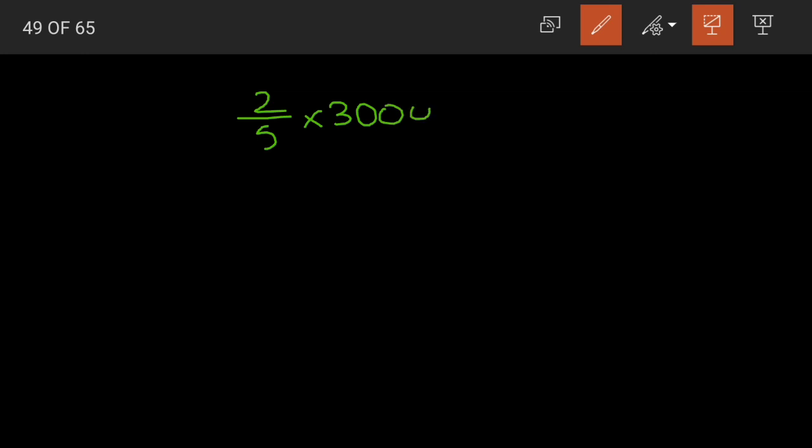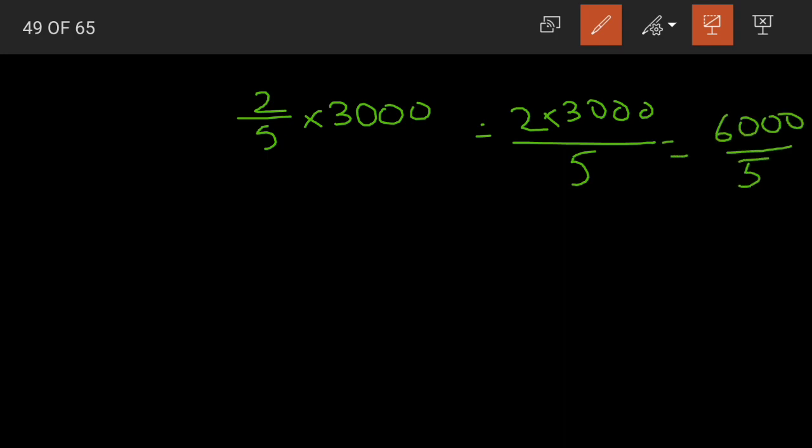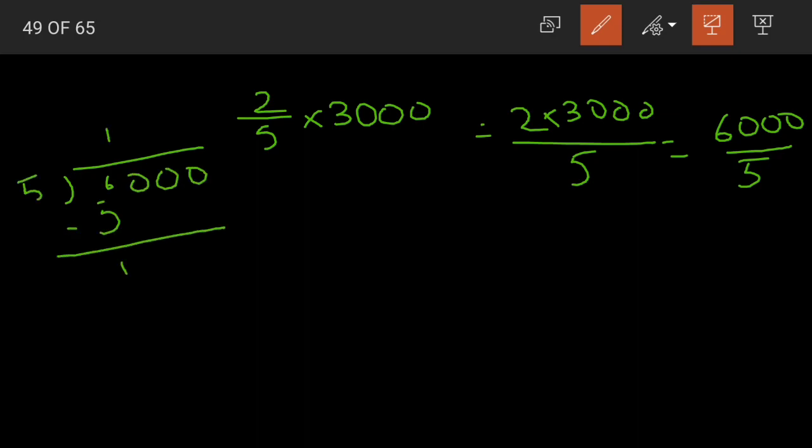That means we have to multiply 2 into 3000 divided by 5. That would be 6000 divided by 5. When we divide 6000 by 5, 5 ones are 5. When we subtract, 1 is remaining, 0 brought down. 5 twos are 10. Again 0.